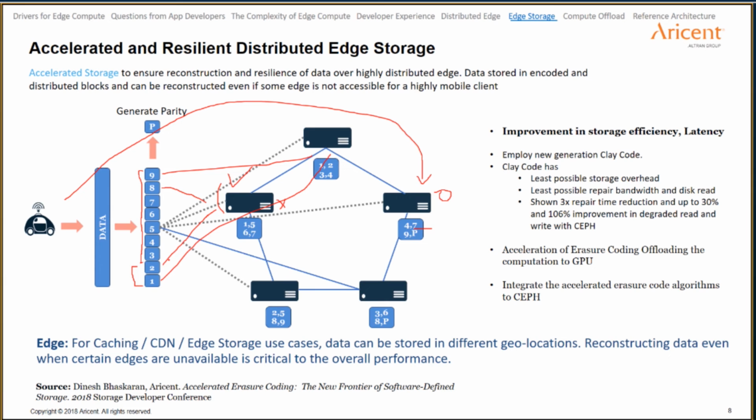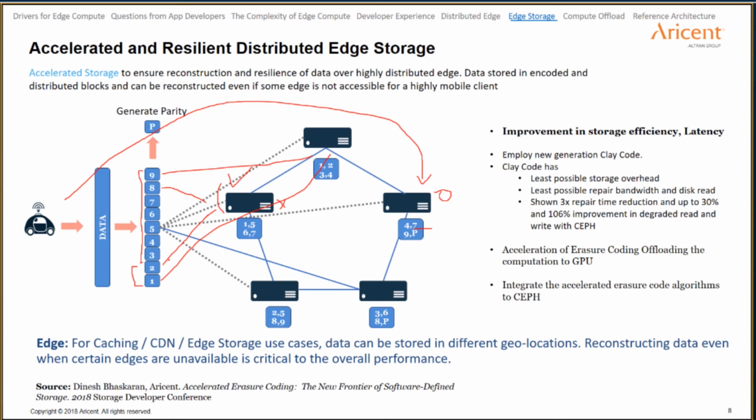And when you want to reconstruct, all you need is the total blocks, but if some of the blocks are missing because the edge is out of connection, just having the parity blocks will help the application developer reconstruct the stored data, which we might have stored in a different edge. So this is a very interesting way of creating a fabric of data usage.